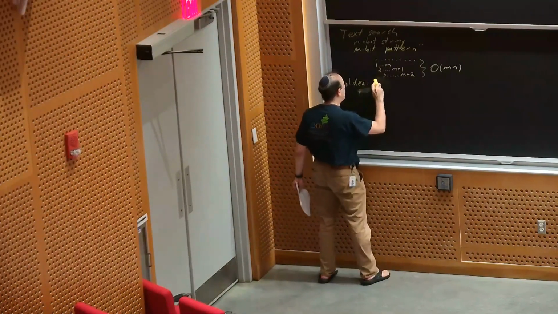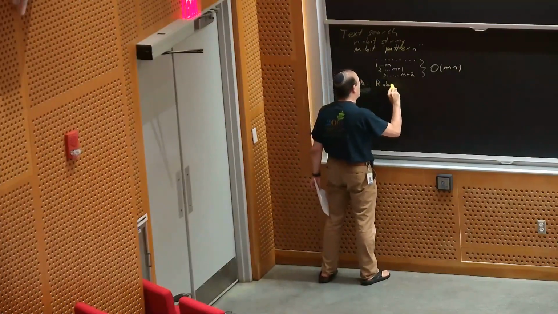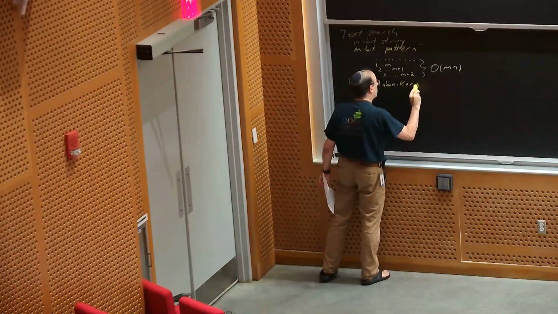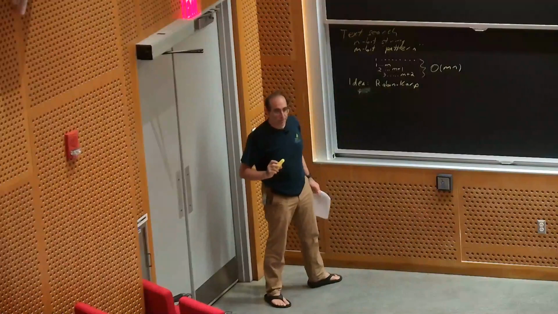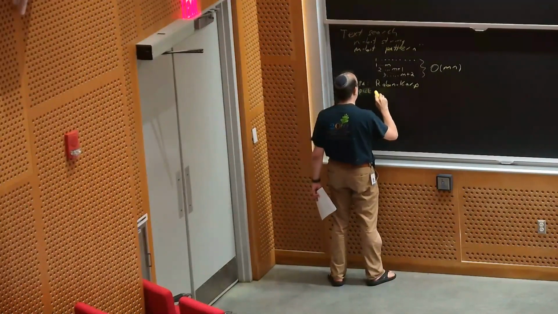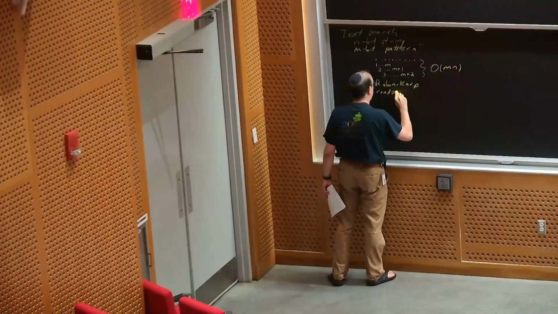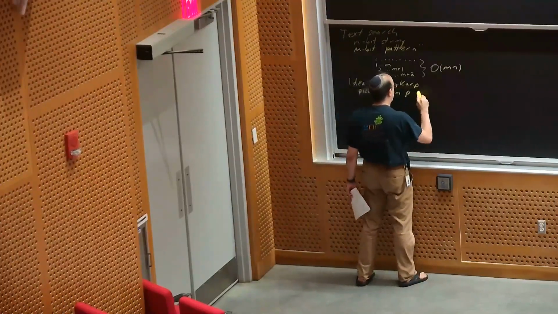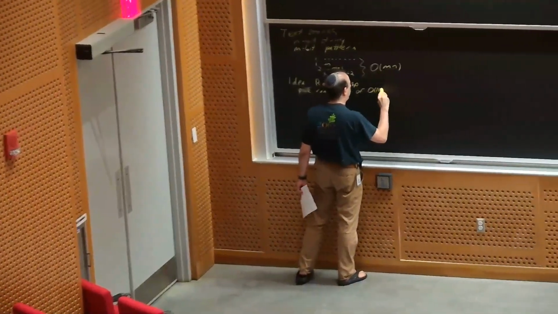And I should say this is the Rabin-Karp string matching algorithm. Okay. The idea is to pick your random p of order log n bits.